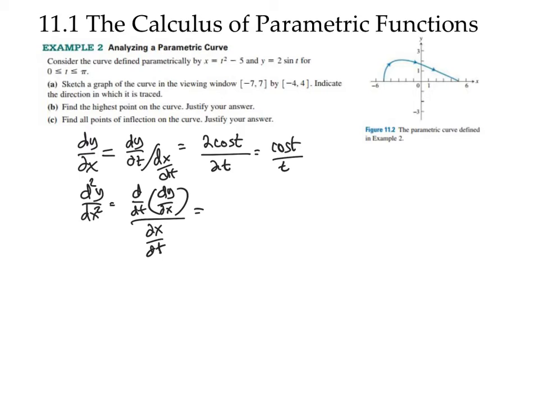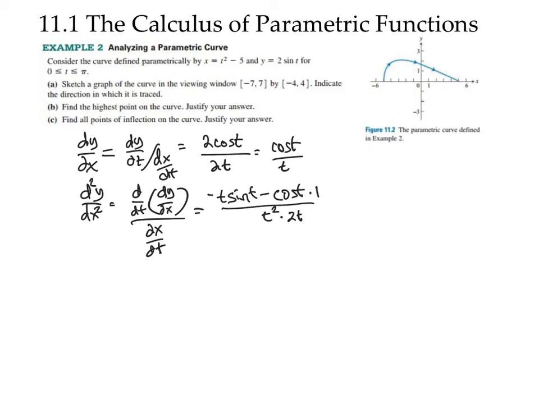So remember our quotient rule? Low d high minus high d low over low squared. And then I have to divide that whole thing by another dx/dt, and dx/dt was 2t. So there is our formula for the second derivative.